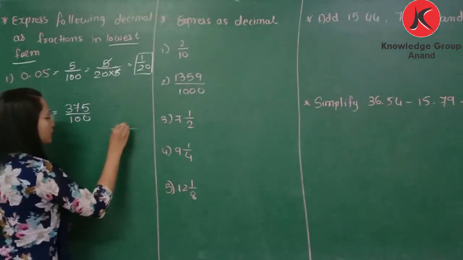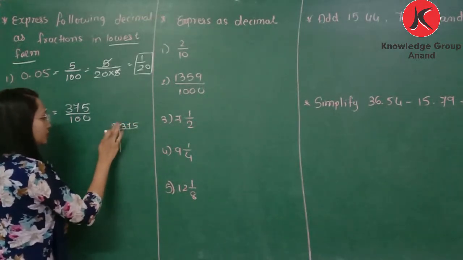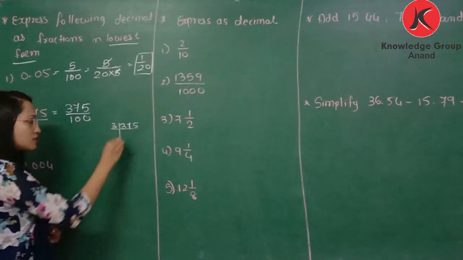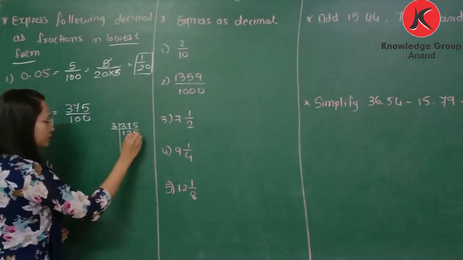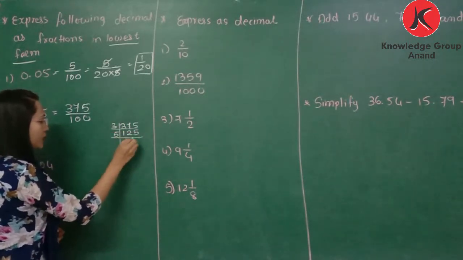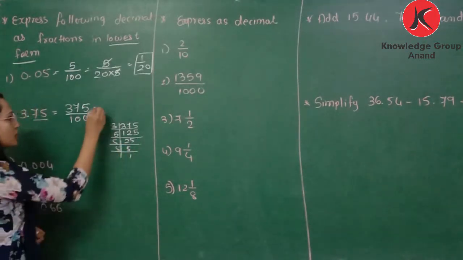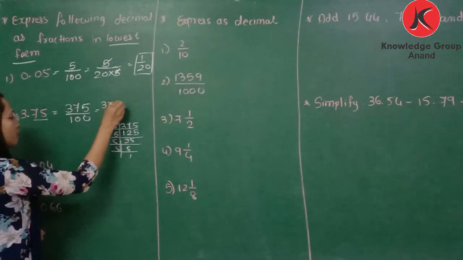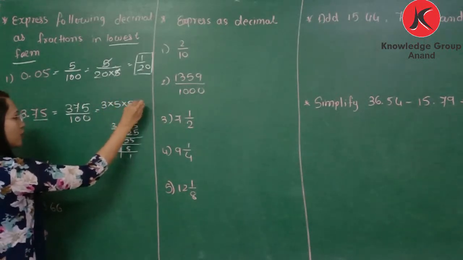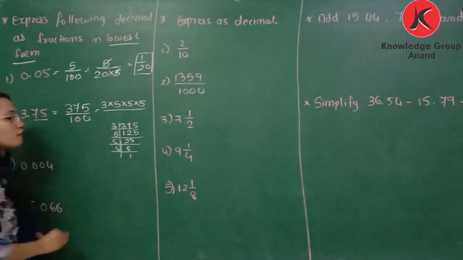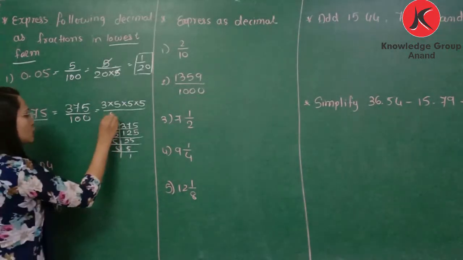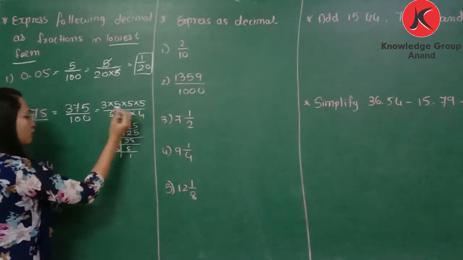Let's factorize. It is divisible by 3. Now 5 3s are 15, 5 5s are 25, 5 5s are 25. So the factors of 375 are 3 multiplied by 5 multiplied by 5 multiplied by 5. The factors of 100 we already know, that is 5 multiplied by 5 multiplied by 4.